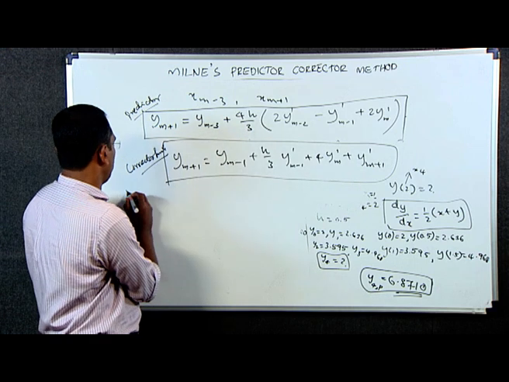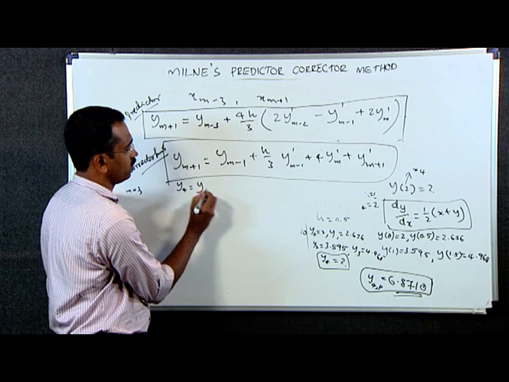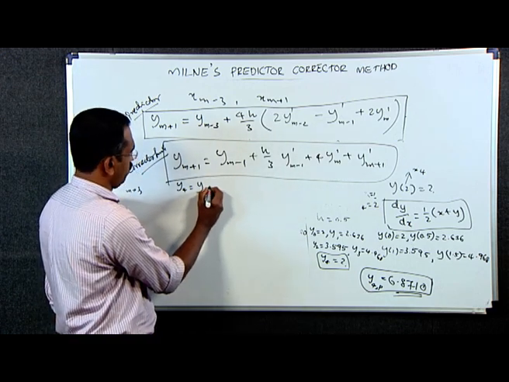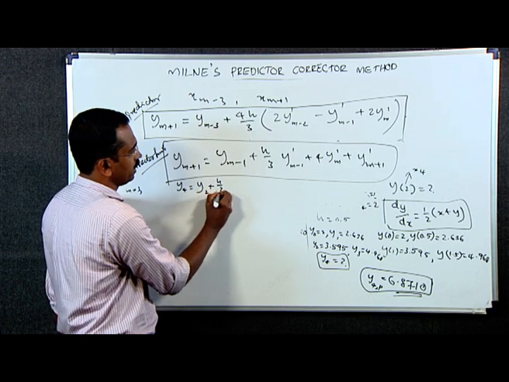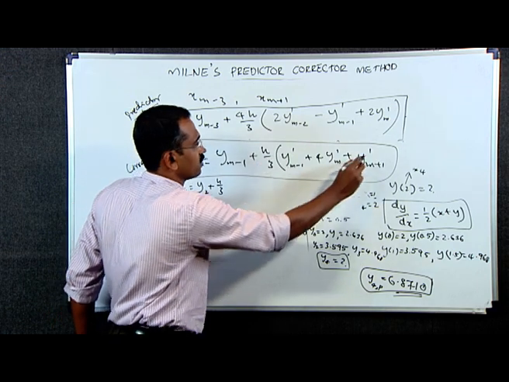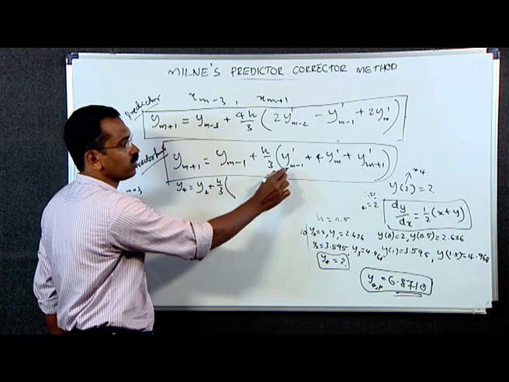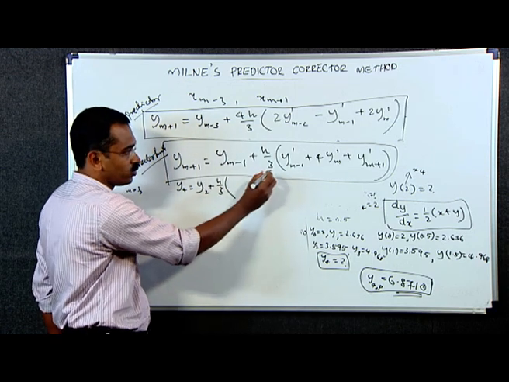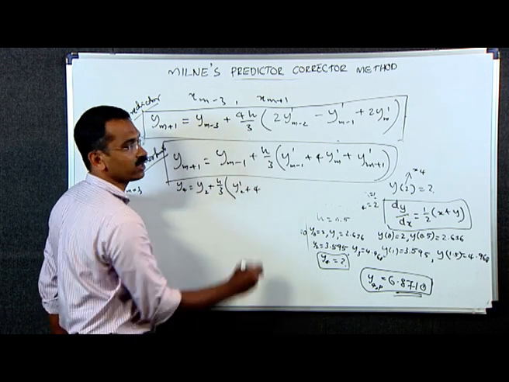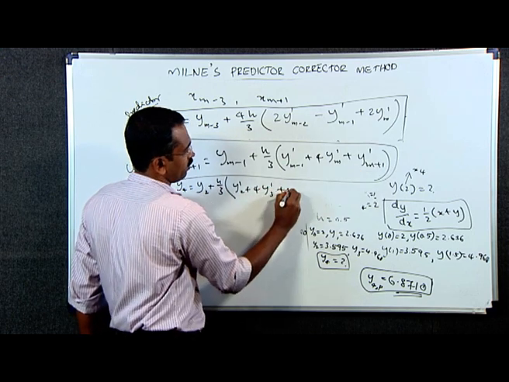Putting m is equal to 3, we get y4 is equal to y2 plus h by 3 into (y2 dash plus 4 into y3 dash plus y4 dash), where h by 3 is common.